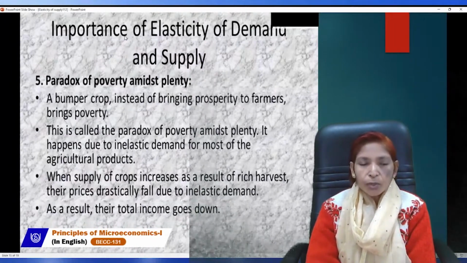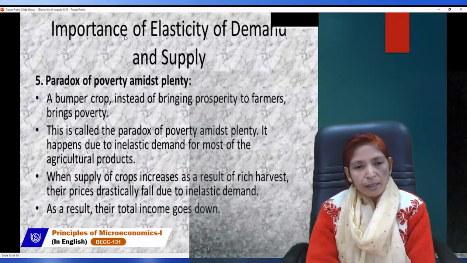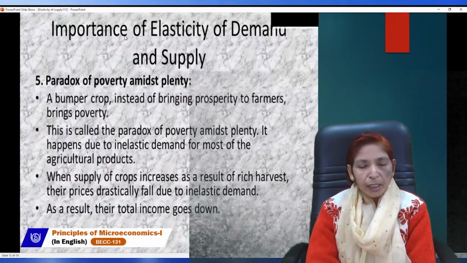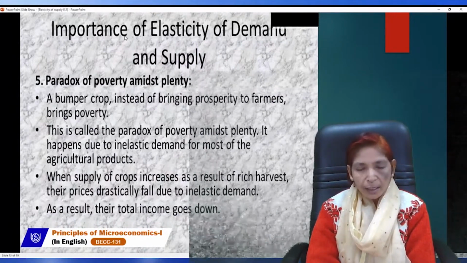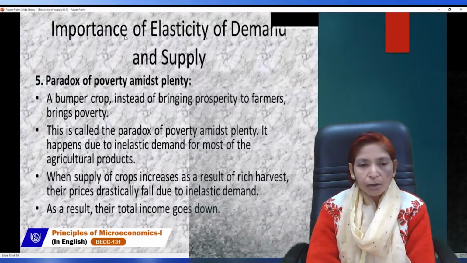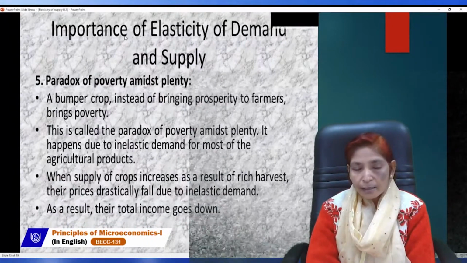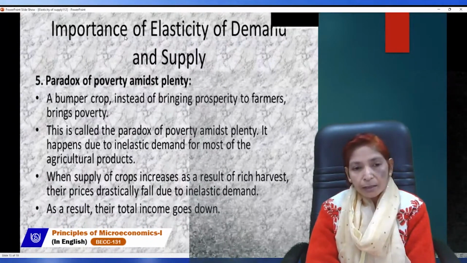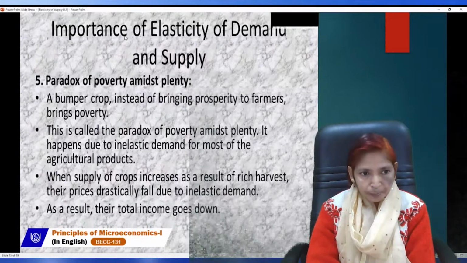If we take two chapatis, or 10 chapatis, or 8 chapatis in a whole day, we will not change the number of chapatis, whether the price of wheat or flour rises or falls, because this is a necessary thing, and demand for a necessary product always remains inelastic.